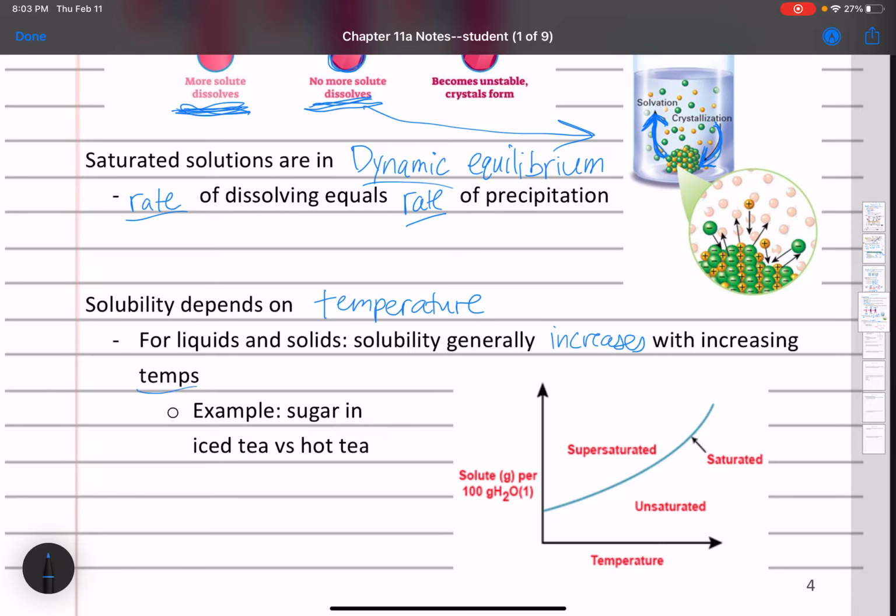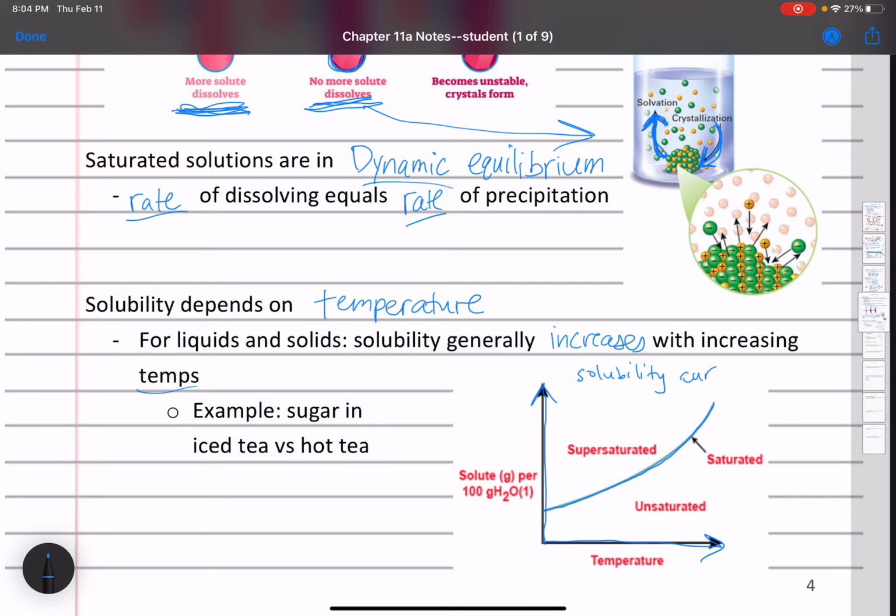So as you can see in this chart here, here's temperature on the x-axis and here's solubility on the y-axis, measured as how many grams of solute per 100 grams of water. So it's just a measure of solubility. And you can see this is called a solubility curve.